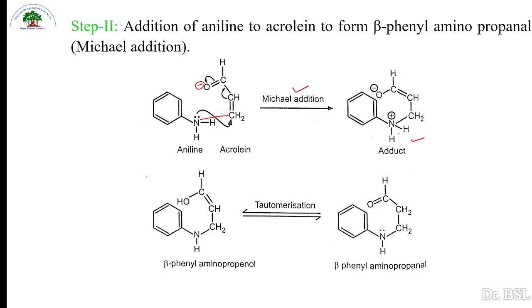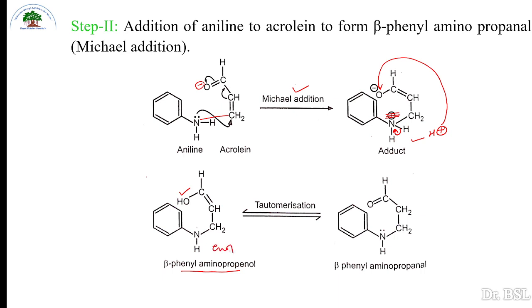This adduct readily converts into the enol form as this hydrogen is removed as H plus and this nitrogen gets neutralized. This H plus will go with O minus and we will get OH. And this adduct now is the enol.